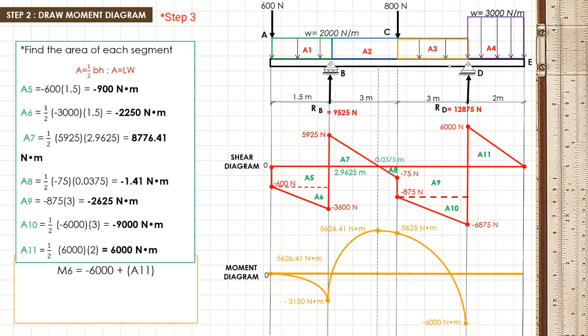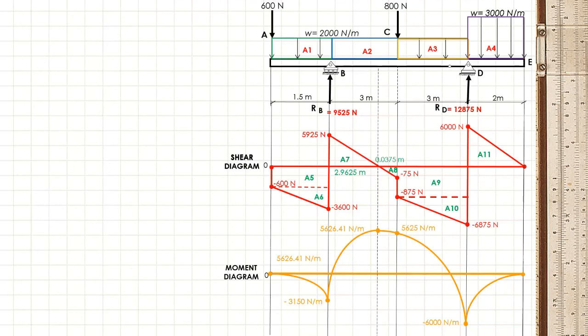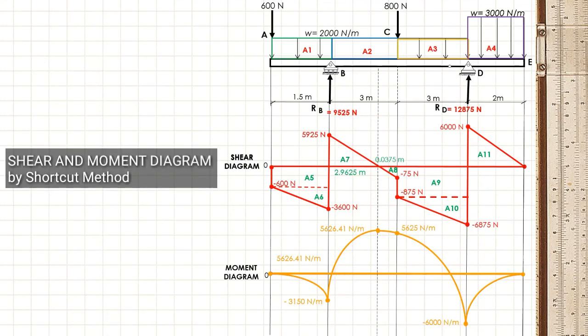And for the last one, M6 is equal to negative 6000 plus A11, which is negative 6000 plus 6000. Now we are going back at 0 line reference, and that's it. We draw the moment diagram using the shortcut method.